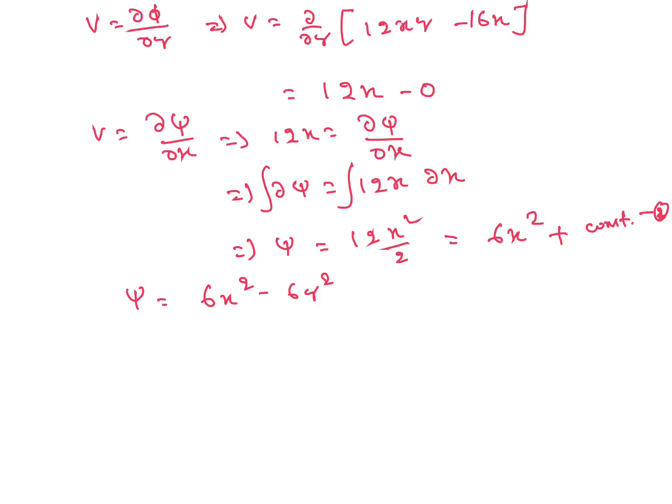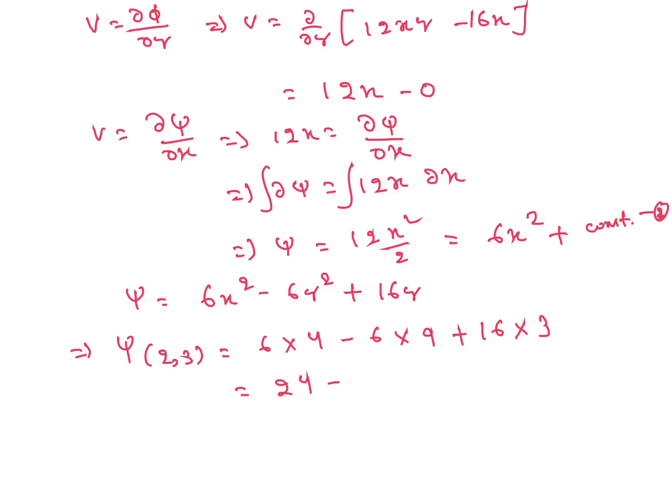So psi value at point 2, 3 we will get 6 into 2 square is 4, minus 6 into 3 square is 9, plus 16 into 3. 24 minus 54 plus 48, minus 30 plus 48, so 18 units.